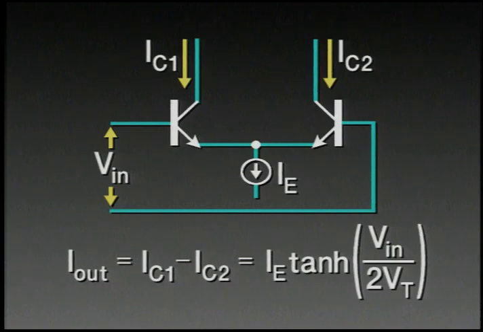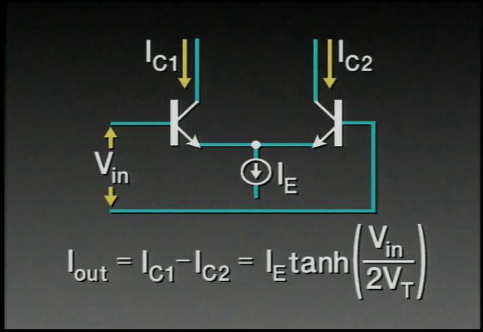We don't resort to a knowledge of the beta of the transistor, for example, to determine that relationship. Nor are we too concerned at this point with the fact that the transistors in a practical situation would have ohmic resistance associated with the junctions.